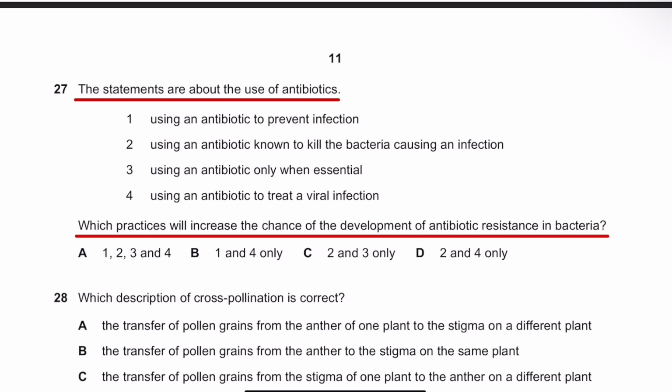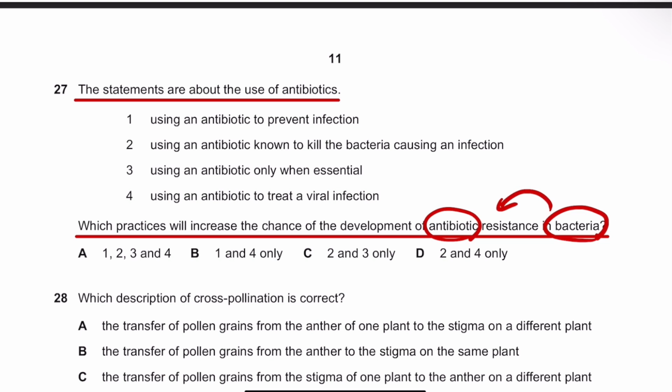Some of the bacteria can develop antibiotic resistance, which means it doesn't get killed by antibiotics. So they're, I suppose we could say they're immune to it, or better to say they have resistance. So they're okay with the antibiotics that usually kill them.